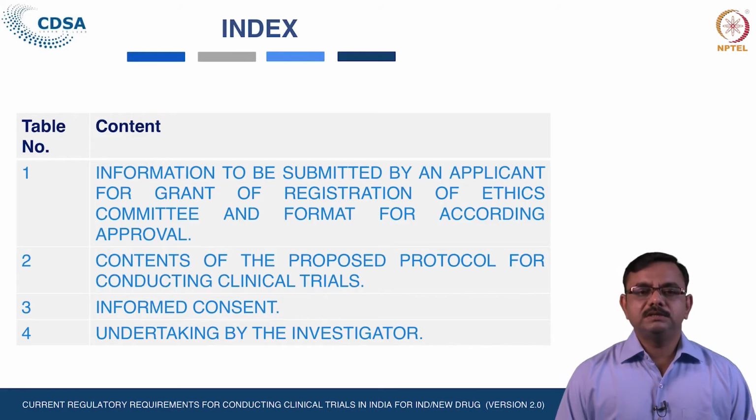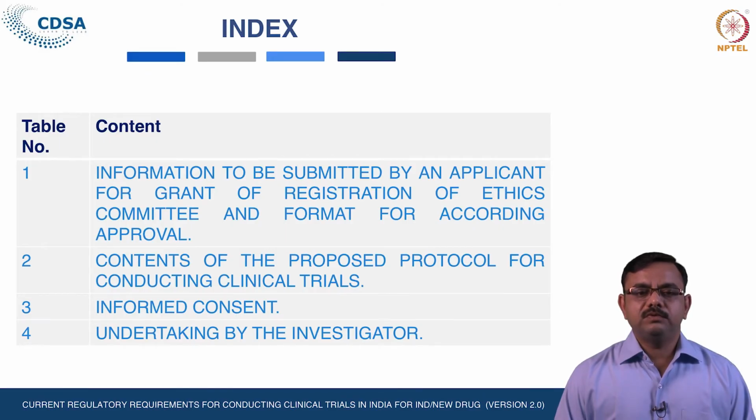Table 1 is related to the information to be submitted by an applicant for registration of the ethics committee, which we have seen in detail in our other lecture. The second table is the content of the proposed protocol for conducting the clinical trial, which we also saw in our previous lecture. Informed consent is in table number 3, we will see it in detail.